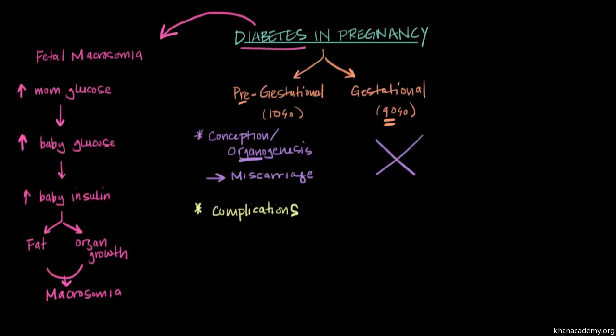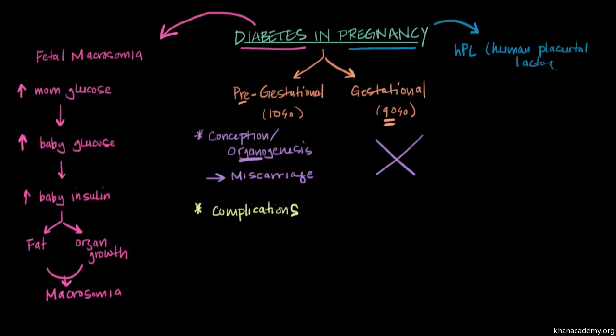Now, I want to stop dancing around the issue of why women can become diabetic during pregnancy. A lot of it has to do with the hormones that are released during pregnancy. So hormones such as HPL, that's not one that many people have heard of, right? It stands for human placental lactogen, right?